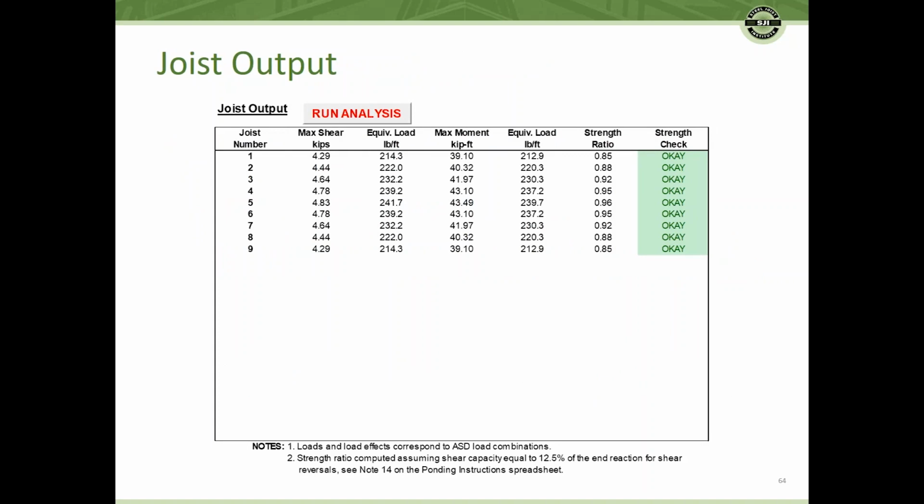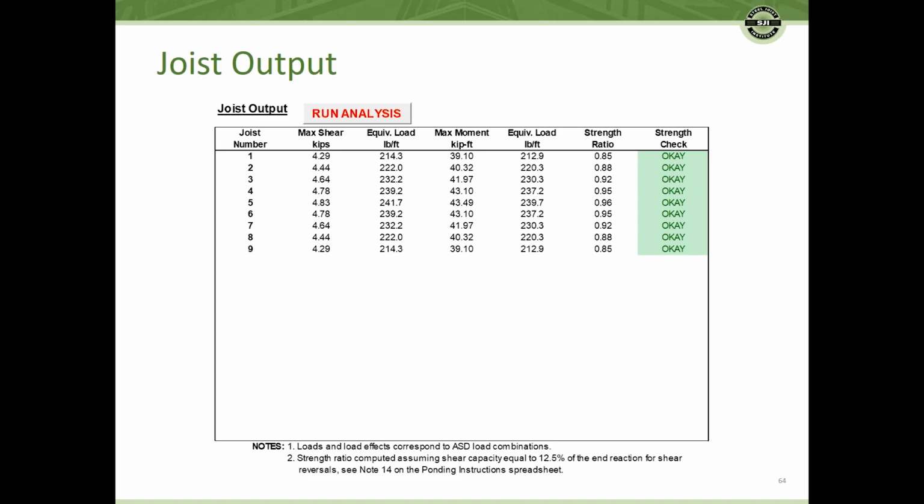The ponding analysis tab has several results tables. Here is the joist output table. For each of the joists, the maximum shear and the maximum moment are shown, along with equivalent loads. The equivalent load is the magnitude of a uniformly distributed load whose moment or shear envelope completely encompasses the computed diagrams.